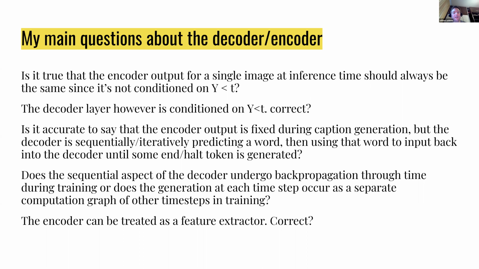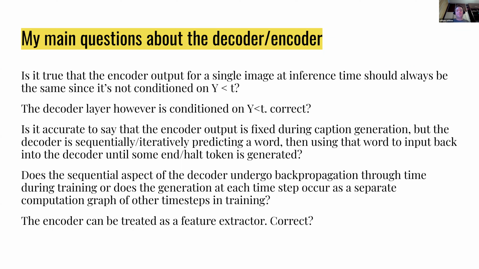Correct? I don't know if that question makes sense. Basically the decoder is outputting a single word each pass through, correct? It seems like they're re-implementing recurrence with the decoder, even though they took away recurrence to some degree.